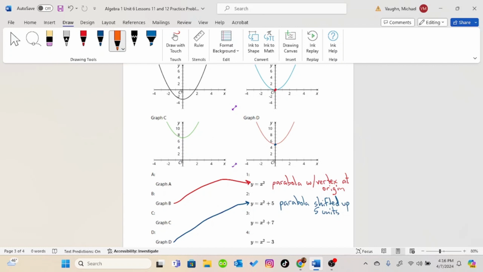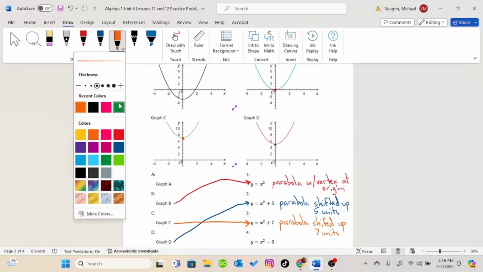Equation 3. This is a parabola that has been shifted up 7. So if we look, we see that right here on graph C. So graph C matches equation 3.